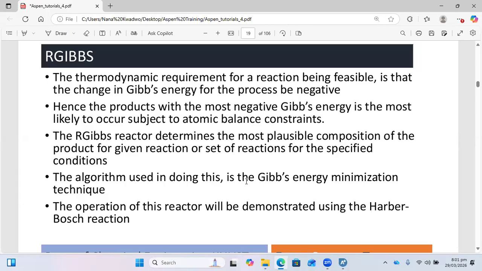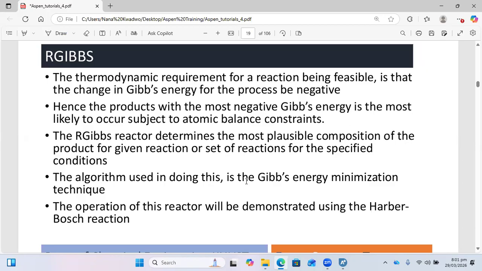And the thing about it is, R Gibbs works in a number of ways. So it can take everything that you have specified when you are selecting the compounds. It can work with all of them, or you can limit it and tell it to consider only components A, B, C, and D, and then let me know which ones are more likely to be formed in which amounts, right?